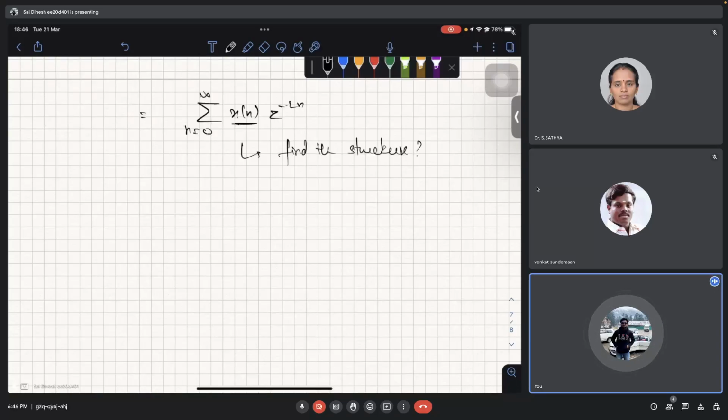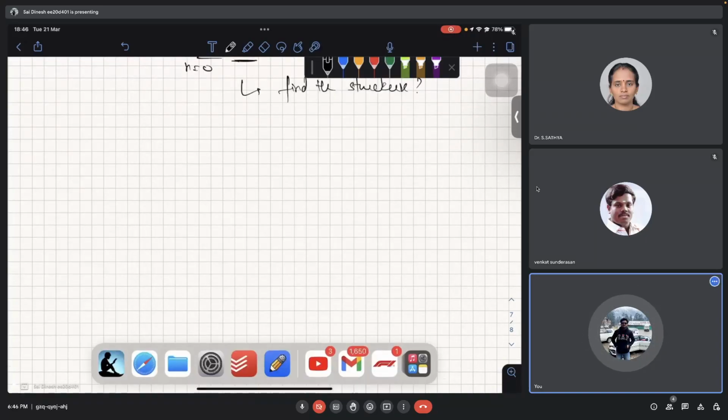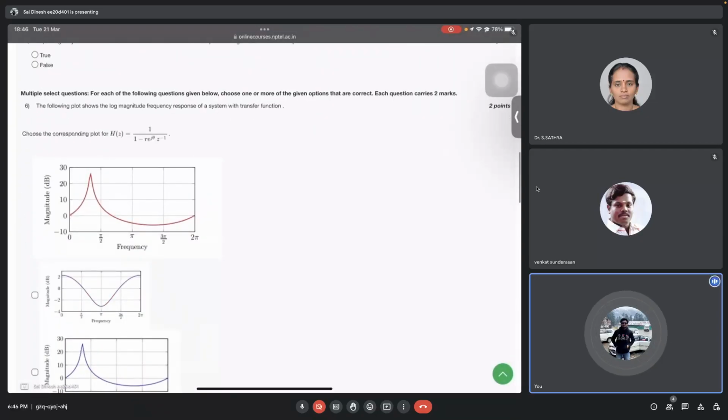Let's move on to question number 6 now. It is a multiple select question. It says that the following plot shows the log magnitude frequency response of a system with transfer function 1 by 1 minus r e power j theta z inverse.